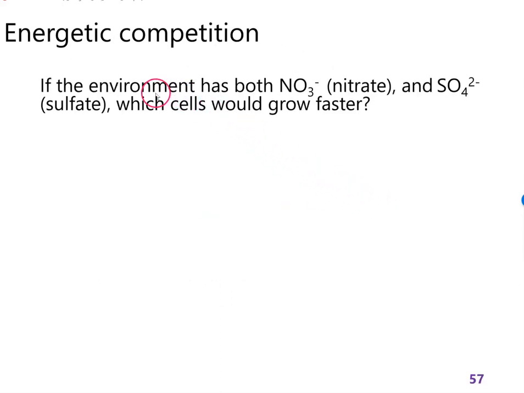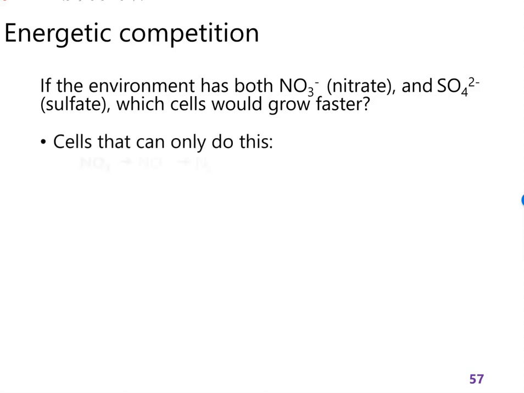So if the environment has several different potential electron acceptors, which one will be used first? Which organisms are going to win? Because if some specialize in using nitrate and others specialize in using sulfate, they're going to compete. And so if the environment has both, who's going to win?